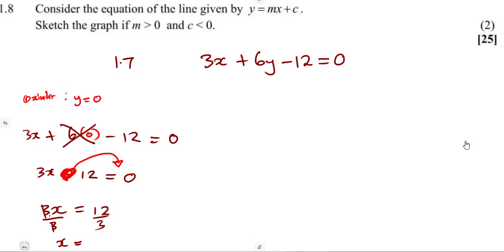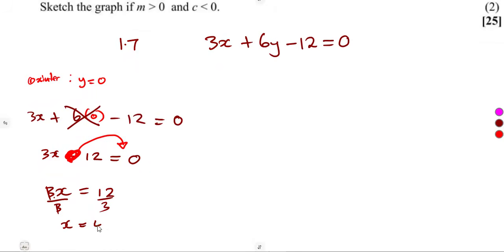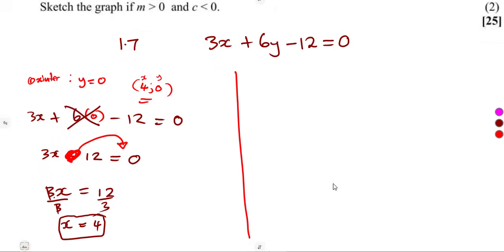So 12 divided by 3 was going to give us a 4. So that's the x value, the x-intercept, where y is equal to 0. So the point will be like this, (4, 0). Remember, the point is made up of x and y. So y is 0, x is 4. X-intercept.